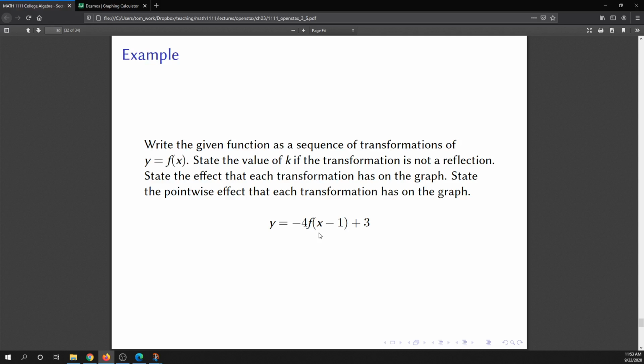So, in that case, you have to be a little bit careful about the order in which you do these things. The order will definitely matter here, and so you're better off doing the vertical stretching first, this -4 or these four here, and then doing the vertical shifting later.